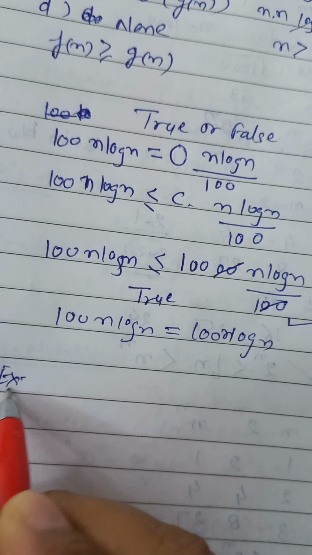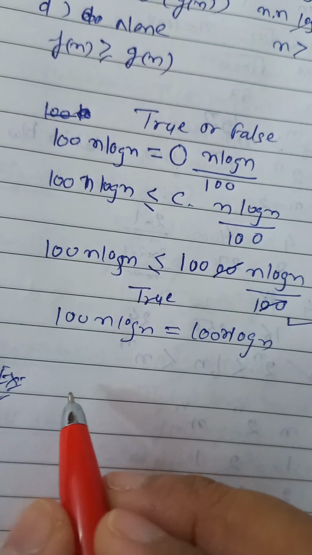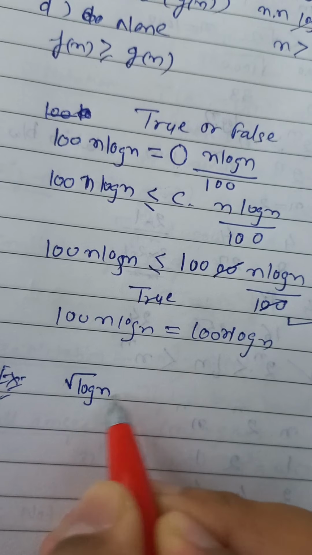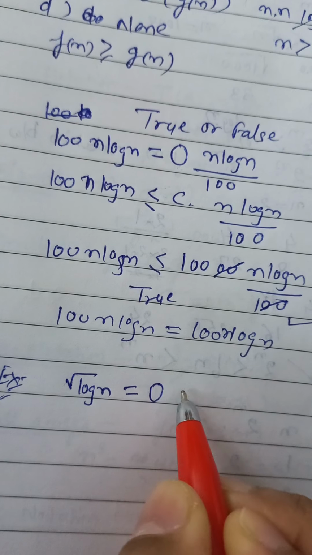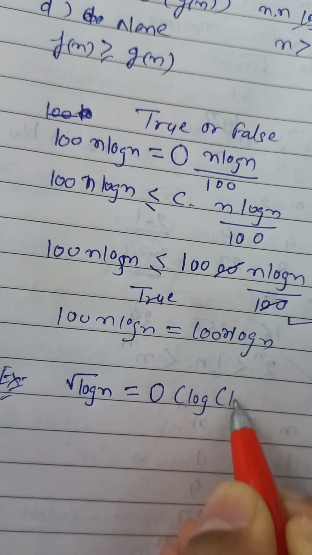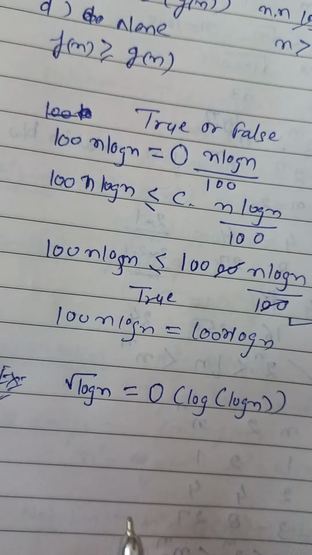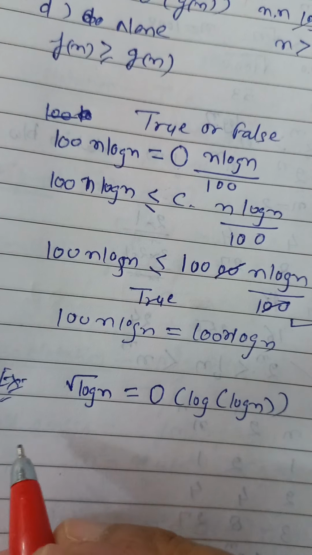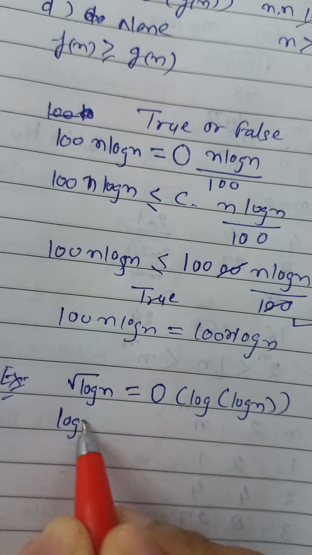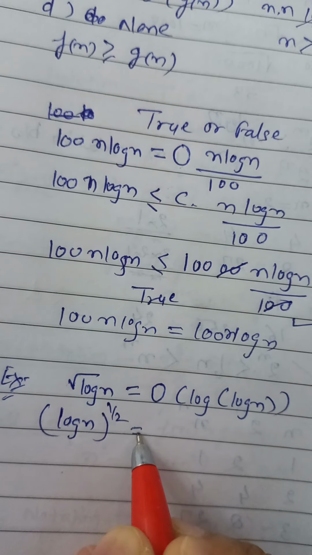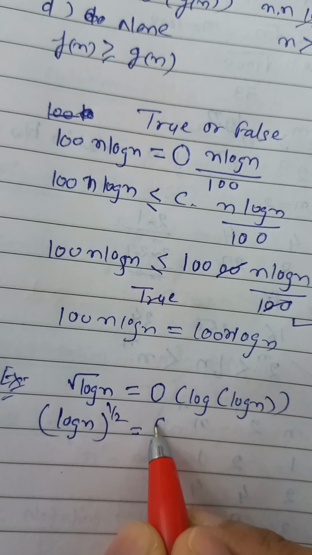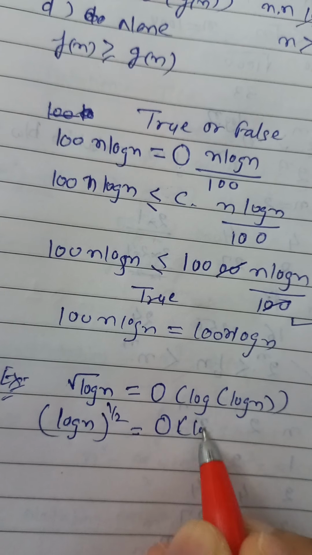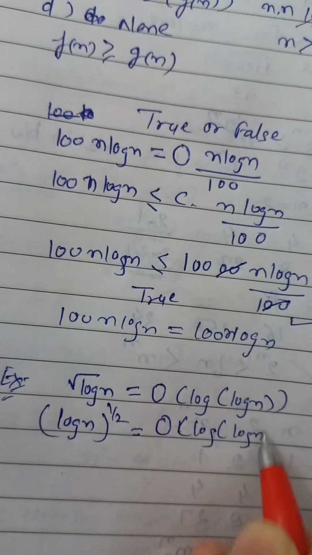We need to find out whether this is true or false. Suppose we have log n = O(log n). So we need to find out whether this is true or false. Big O. We can write it like this also: log n to the power half is equal to big O of log n.